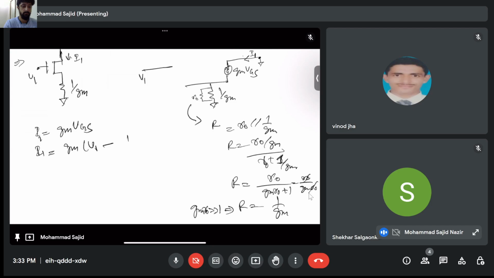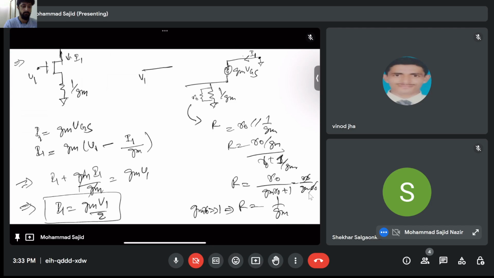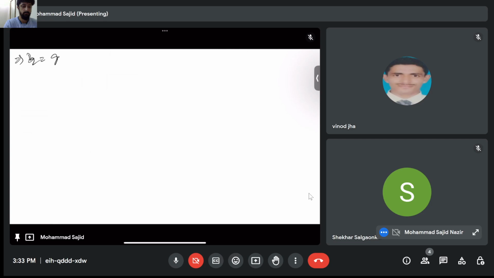So Vs will be simply I1 by Gm. So this is I1 plus Gm times I1 by Gm is equivalent to Gm V1. So Gm will go, but I1 is simply Gm V1 by 2. Similarly, I2 will be Gm V2 by 2. Now see that this is how your transistors are connected. V1, V2, incremental current here, incremental current here.